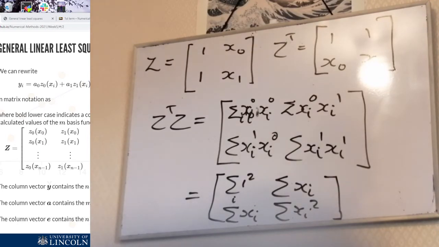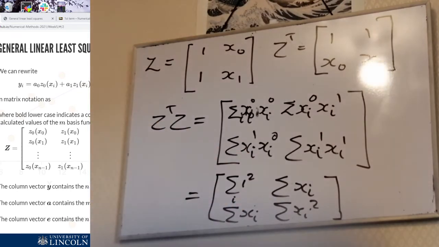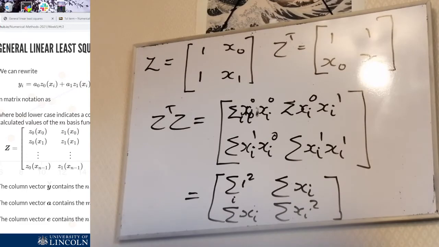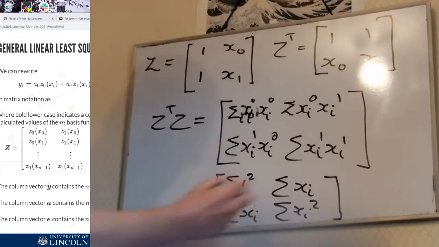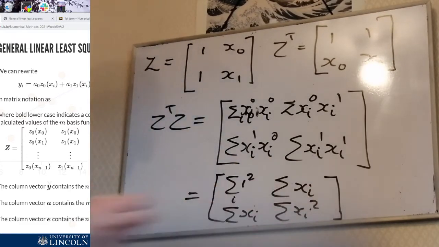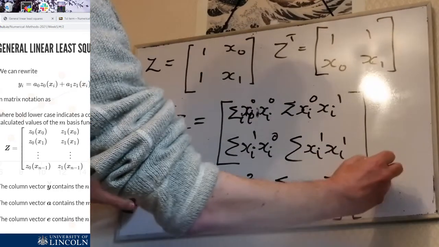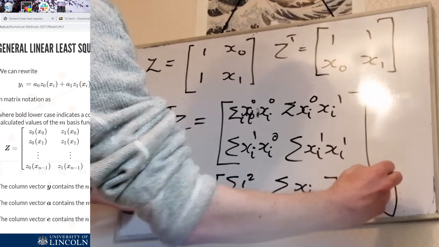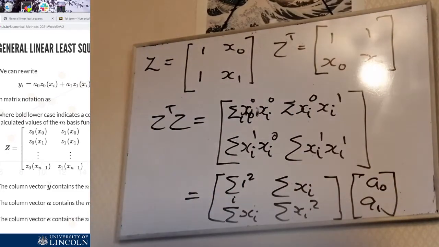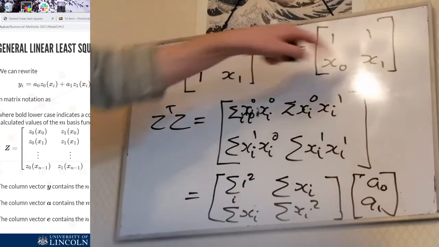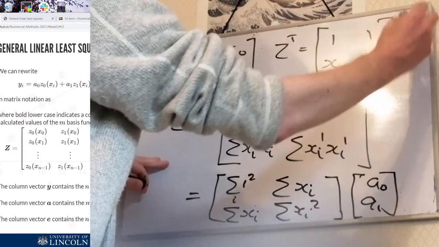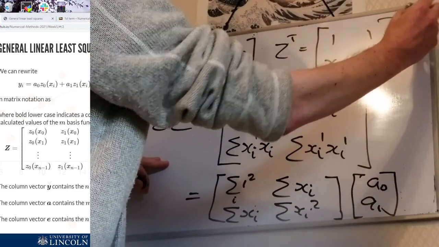So that comes out to be exactly the same expression that you would get by taking the derivatives with respect to a0 and with respect to a1. So those are going to be multiplied by a0 and a1, and on the right hand side we'll have this matrix times y0.